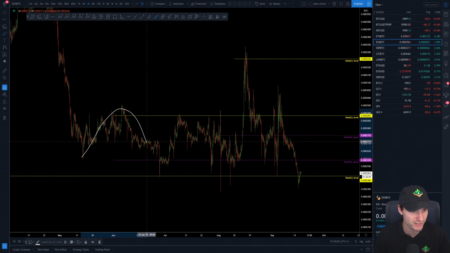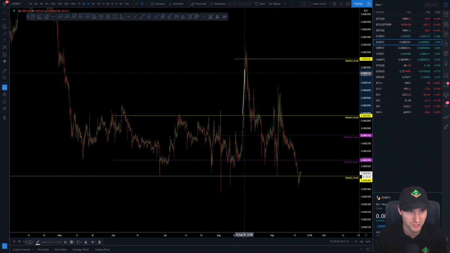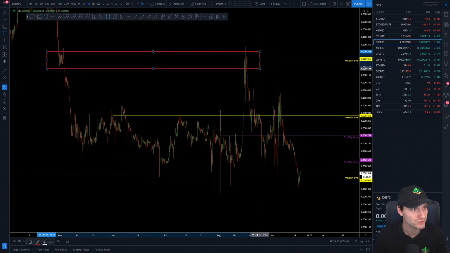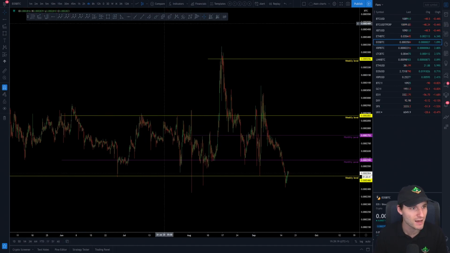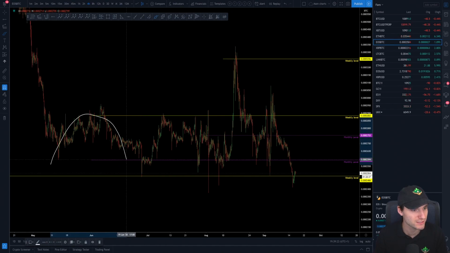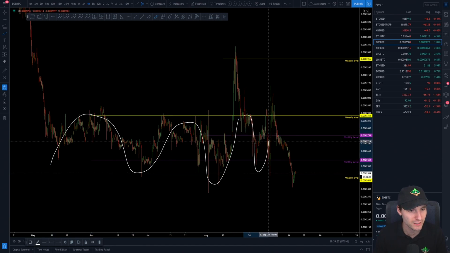It had this really good range, and then with the fake out of the range, because it looked as if it was going to break up, all it did in the end was go into a brief consolidation before down, ran into that, rejected, and that fake out of the range ultimately came back into it, and it's still ranging.